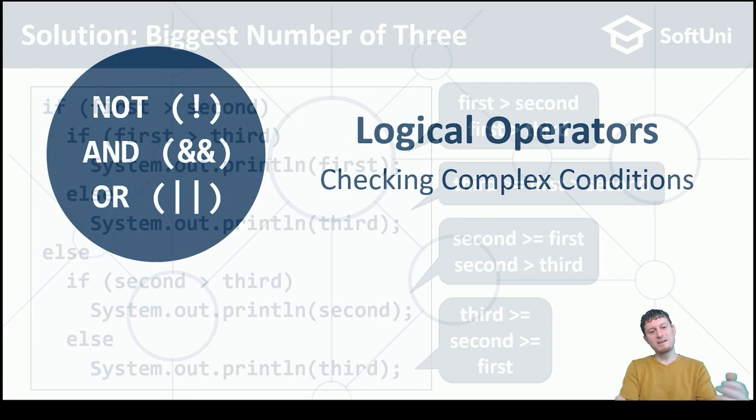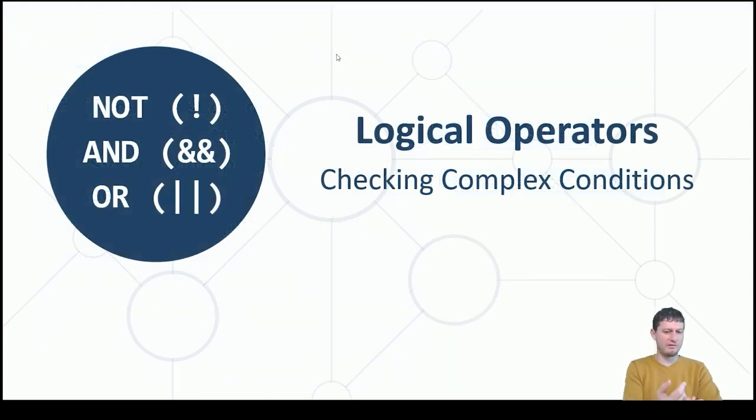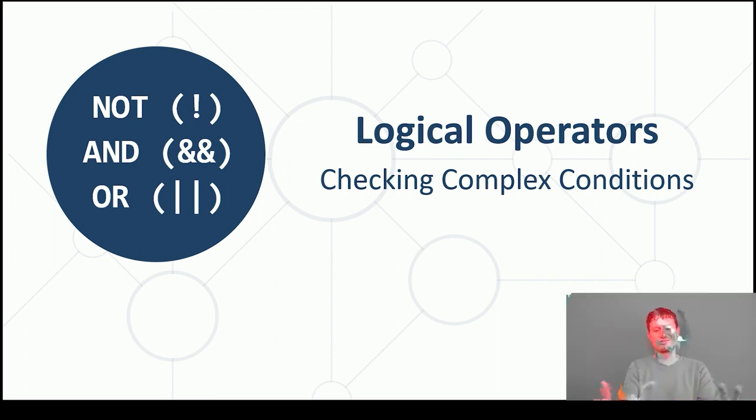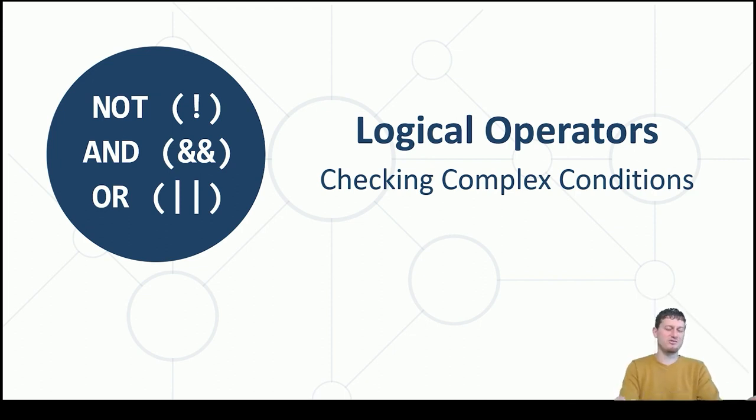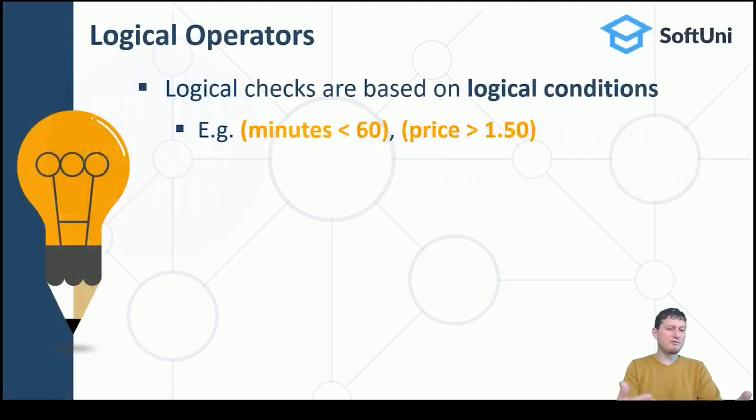Okay, let's go ahead with the so-called logical operators. These are the not, and, or operators, which allow us to build more complex conditional statements, to check more complex conditions. Sometimes we often use logical conditions.